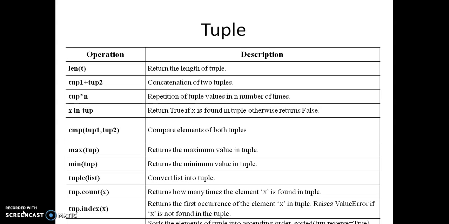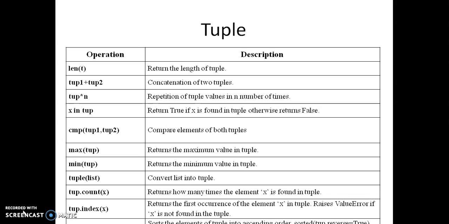If both are equal, then you'll get true. If both are not equal, then you'll get false. Max of tuple returns the maximum value of the tuple. Min of tuple gives the minimum value in the tuple. Tuple of list converts the list into a tuple.